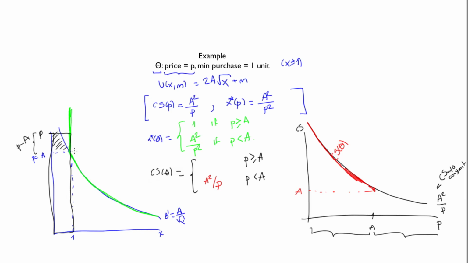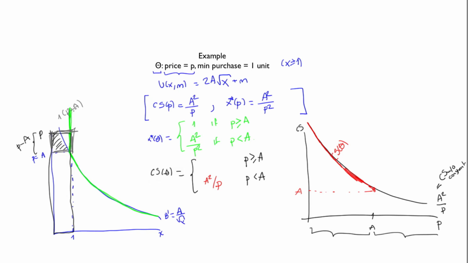So your costs have gone up by, I'm going to use another color, that rectangle looking thing. And what is the area of that rectangle? The area of that rectangle is 1 times this height, P minus A.